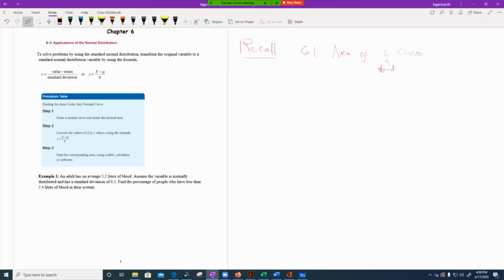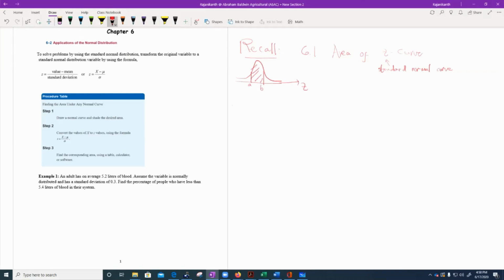So we had the standard normal curve, where you had the variable z, and you had two different values, and we found the area, right, in 6.1.